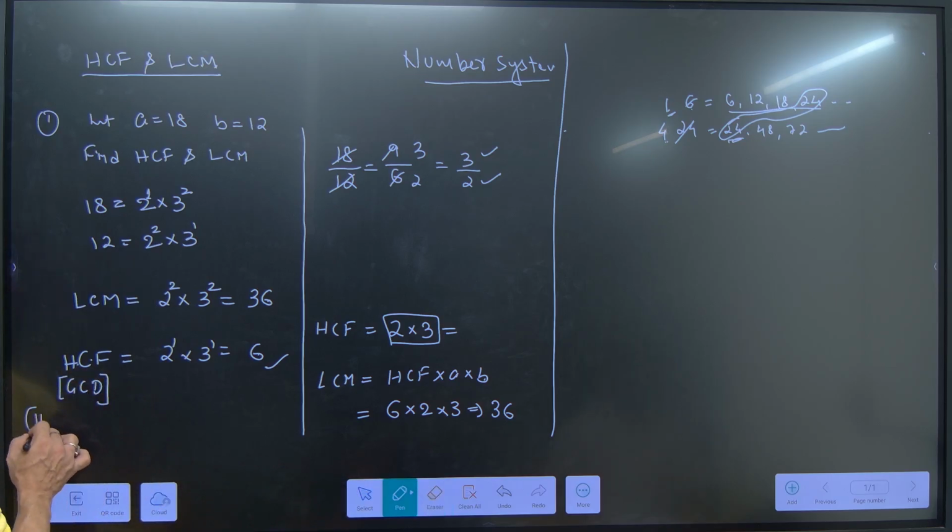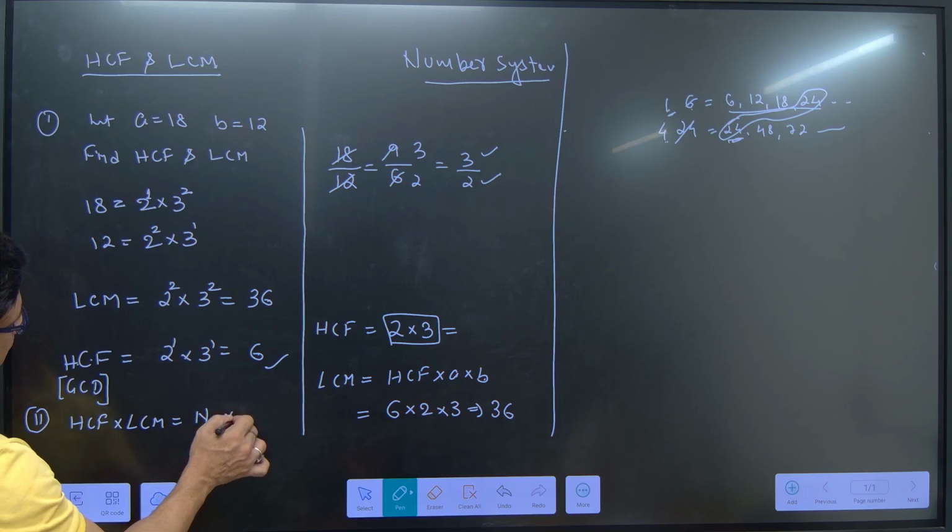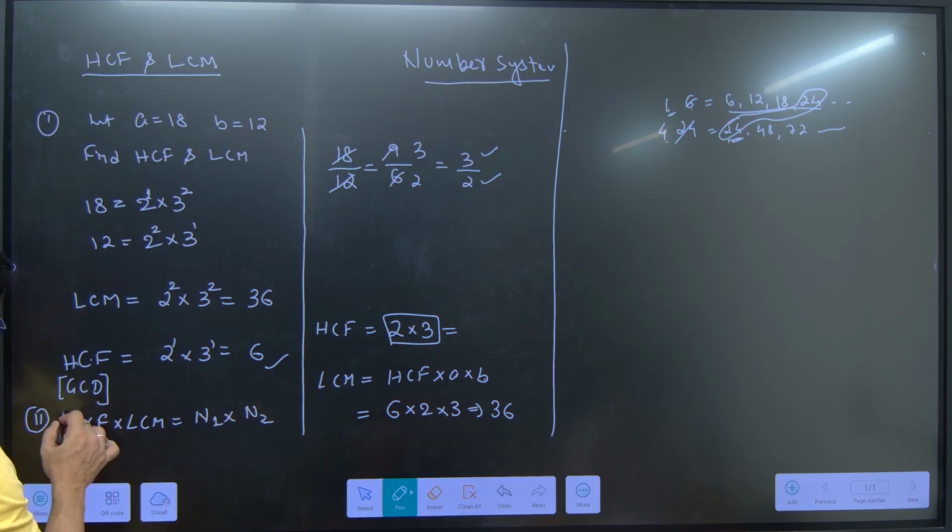Second thing is HCF into LCM is always product of two number n1 into n2.